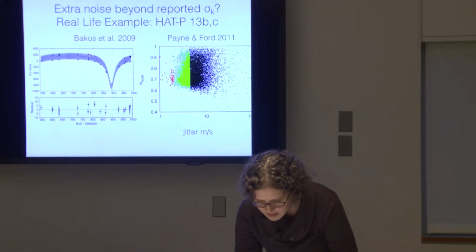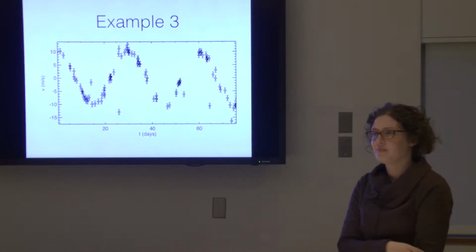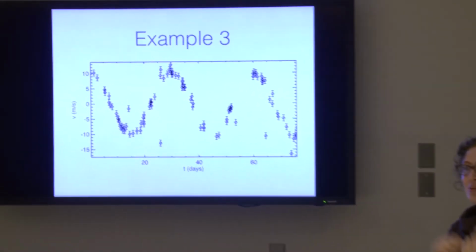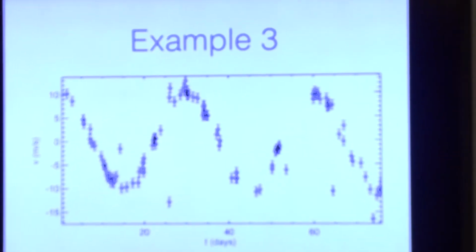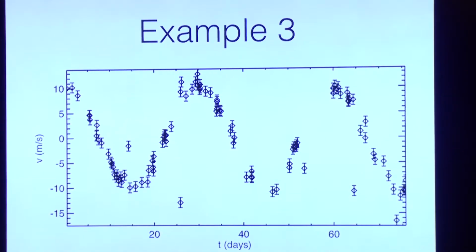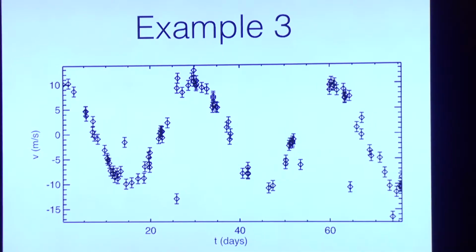Okay, so here's another example, particularly in light of the discussion we just had, where we really expect everything to fall on the sinusoid except for the measurement errors. What assumption does this fake data set violate?